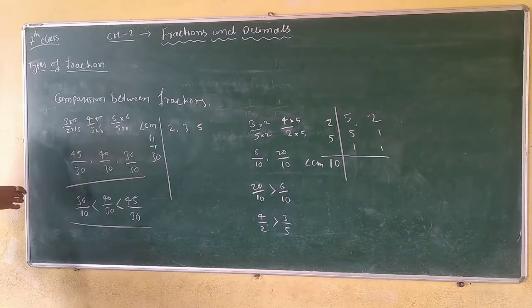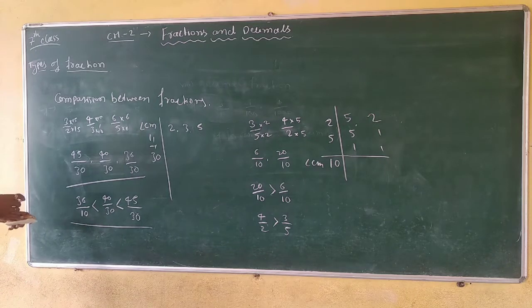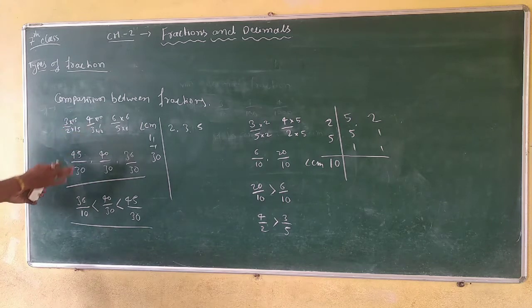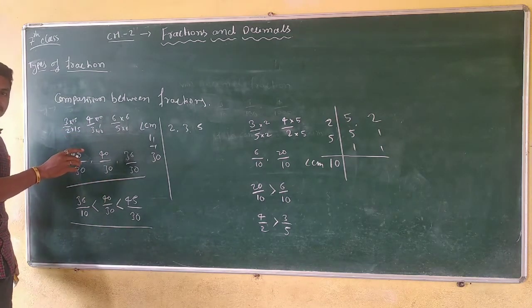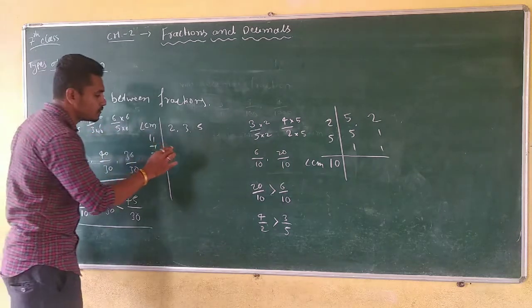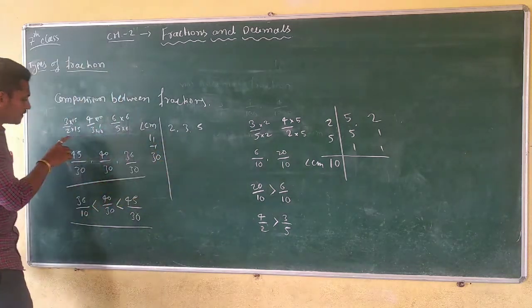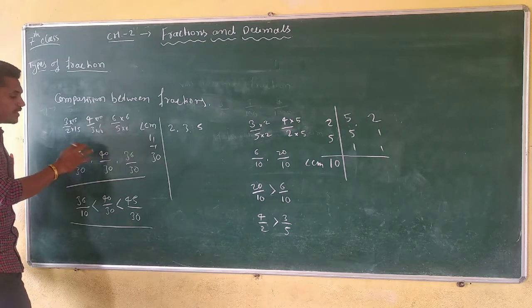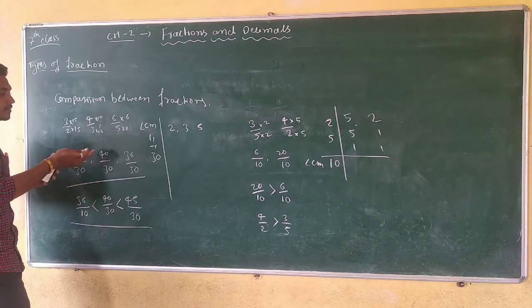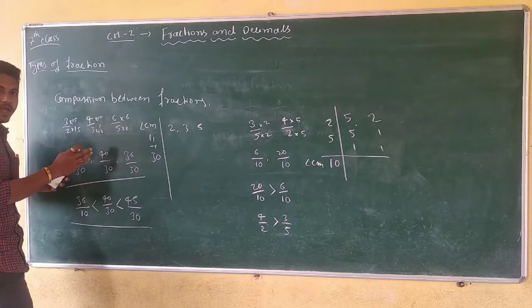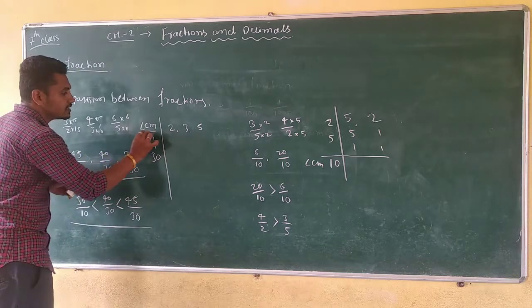So that concept we now have to discuss, so please note this. I hope you understood how to compare fractions. First, you observe their denominators. If these denominators are different, then we have to write the same denominators by using the LCM method.